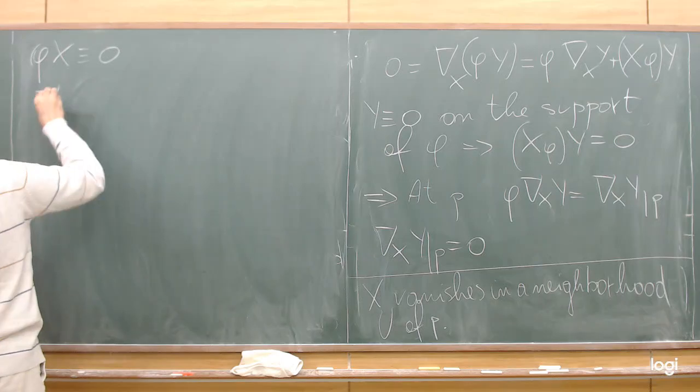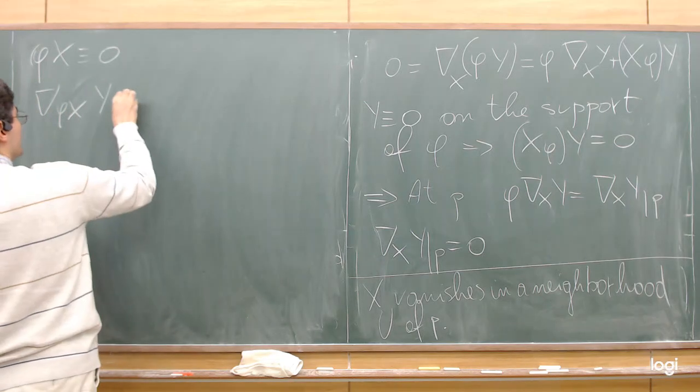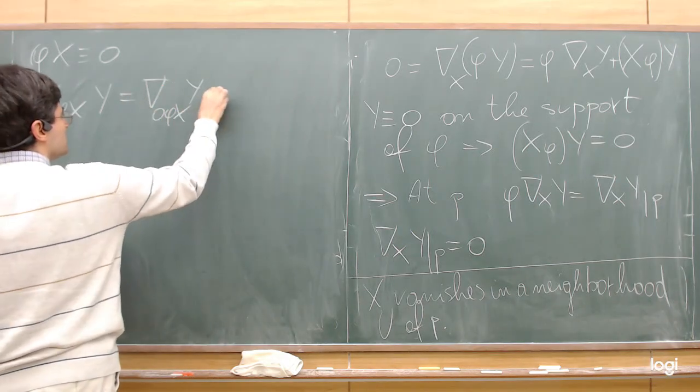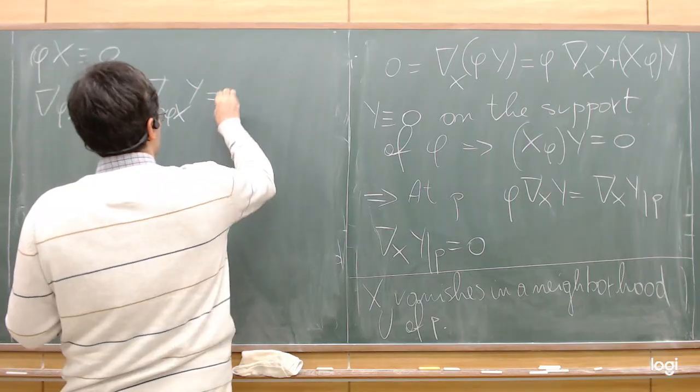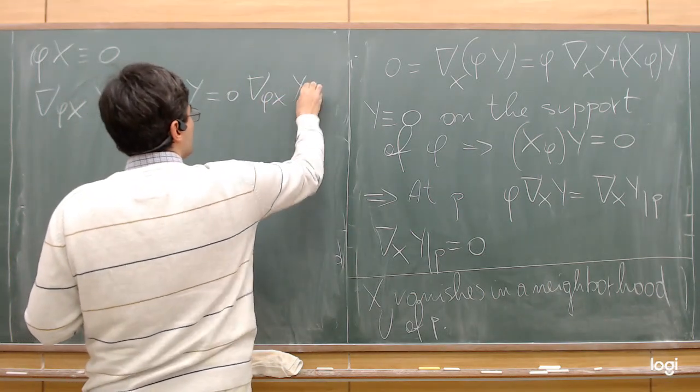Then ∇ of φX along Y can be written as ∇ of 0·φX, which is 0·∇_(φX) Y, and this is 0.